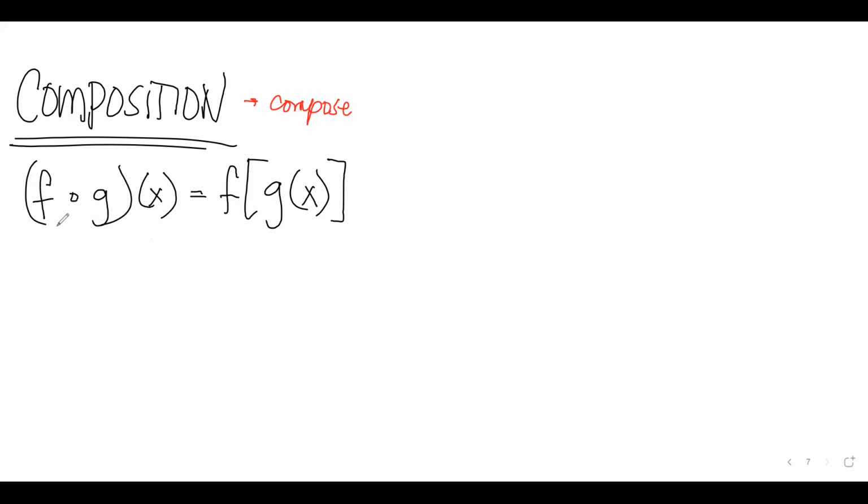Kung sinong letter yung nauuna, siya yung papasukan. Okay? Let's take, for example, we have f of x is equal to x minus 3, g of x is equal to 2x minus 2. Ayan.